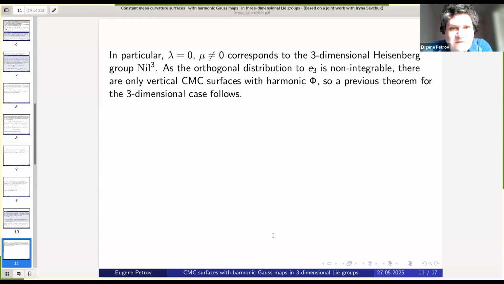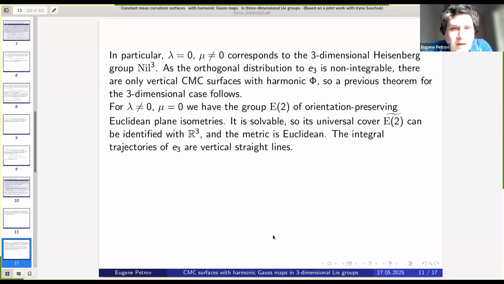Note that in this case, there are no horizontal surfaces because the orthogonal distribution to E3 is non-integrable. If lambda is non-zero and mu is 0, it's the group E2 of orientation preserving Euclidean plane isometries. It's a solvable group, so its universal cover is simply R3, and in fact the left invariant metric is Euclidean.